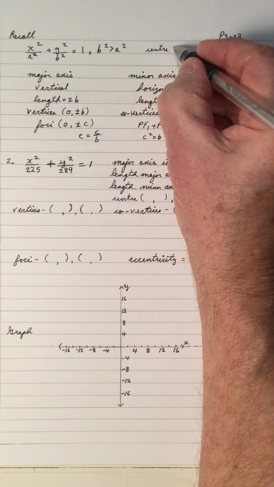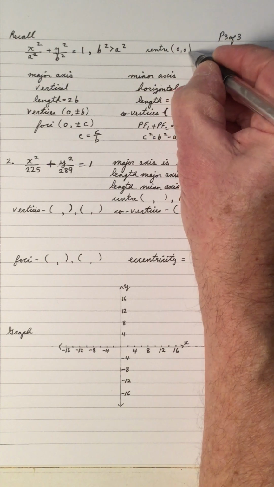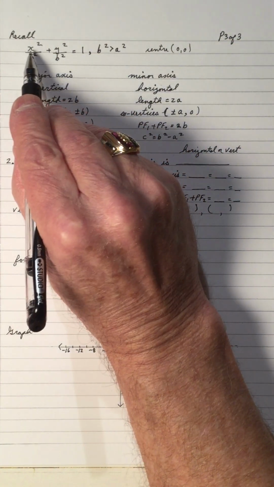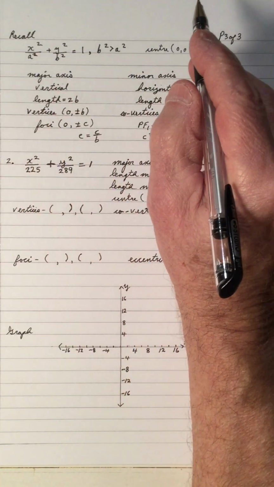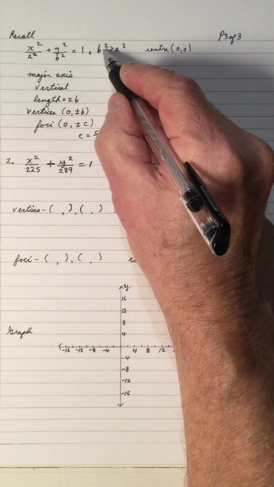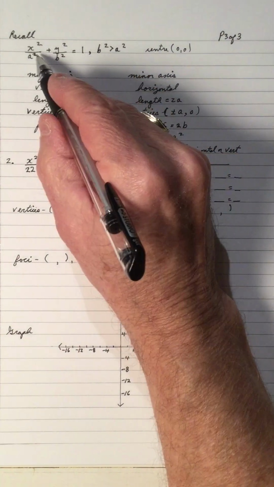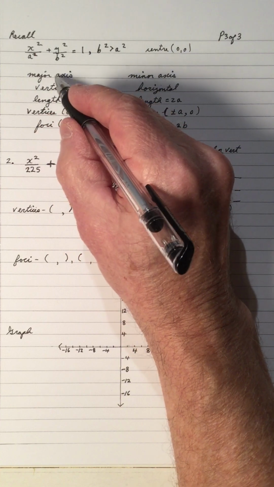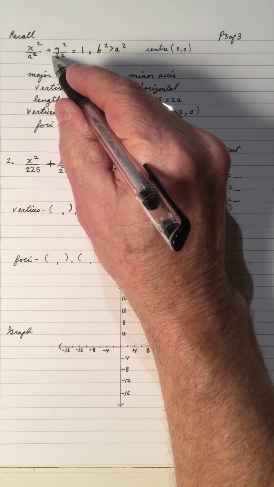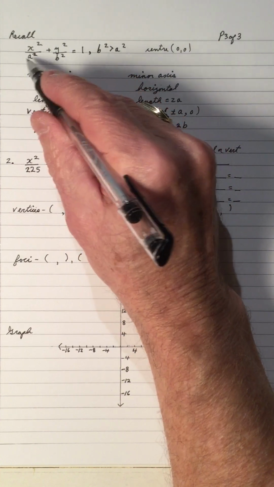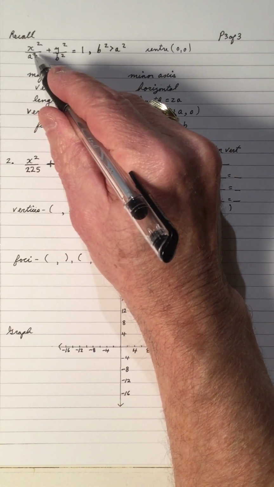We have this equation where the center is (0, 0), so we just have an x squared and y squared with no brackets. Now, because b squared is greater than a squared, that means the major axis is the vertical. So whichever number here is larger, that's the major axis.